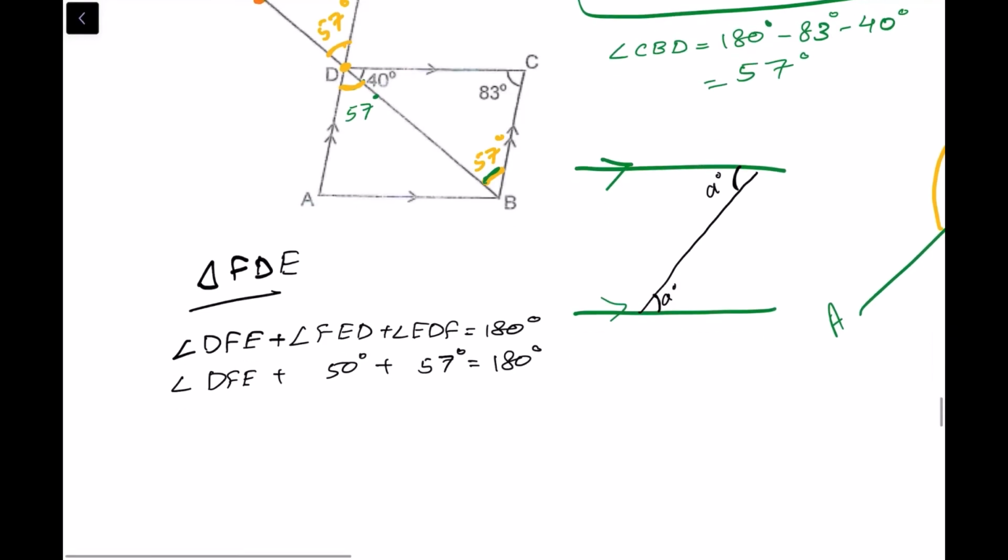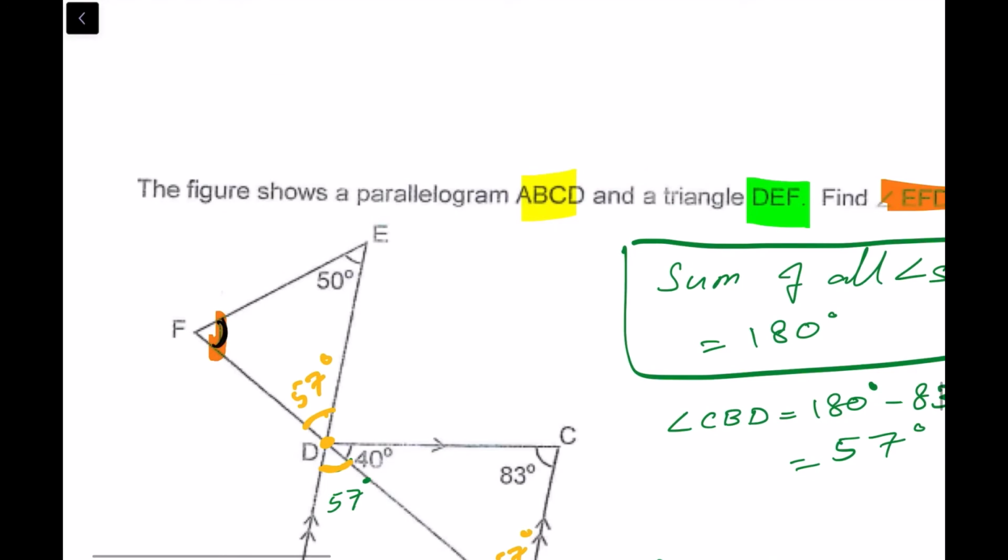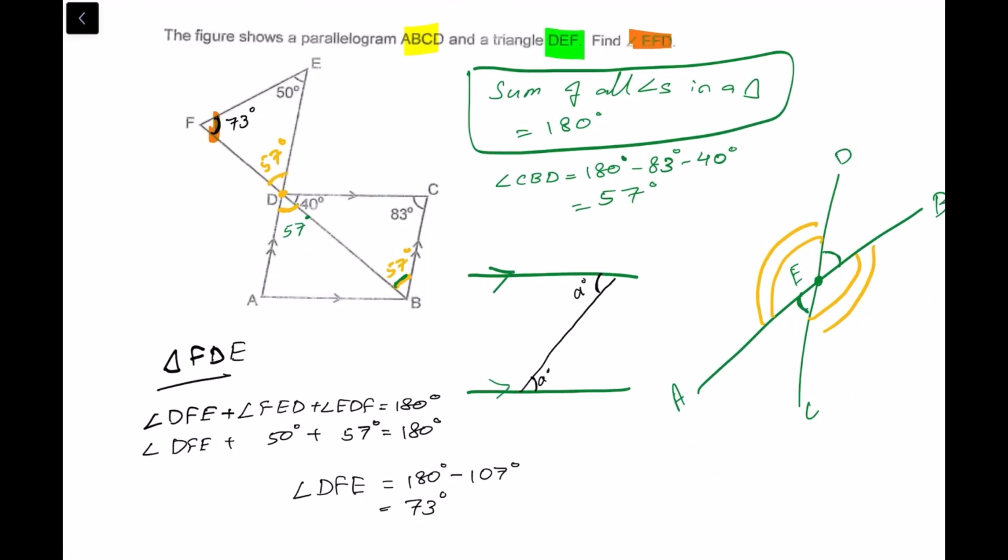So this simply means that angle DFE is equal to 180 degrees minus 107 degrees, which would be 73 degrees. So angle DFE, this angle over here, would be 73 degrees. So that's what we wanted to find, angle EFD, sorry, and there we have it. Angle EFD is equal to 73 degrees.